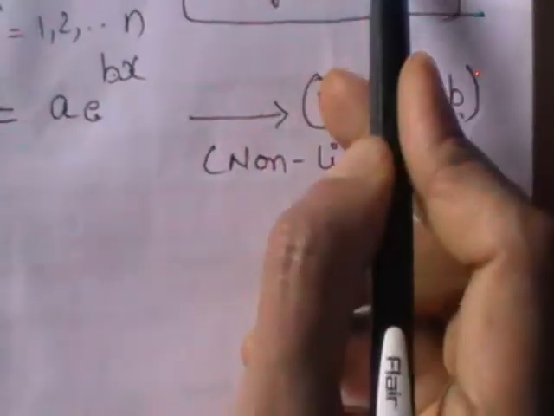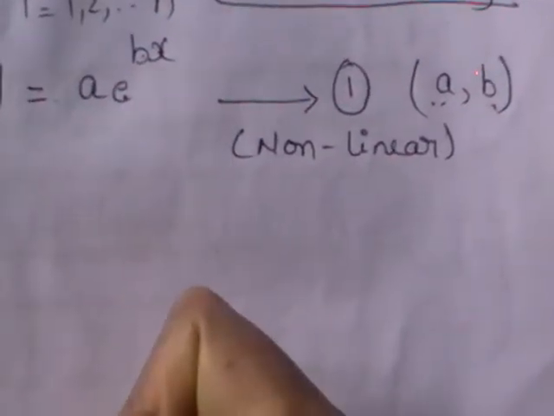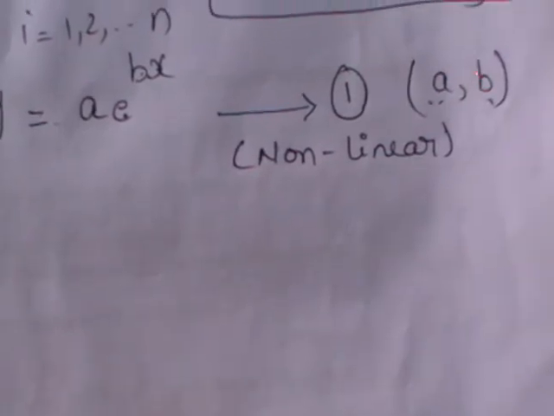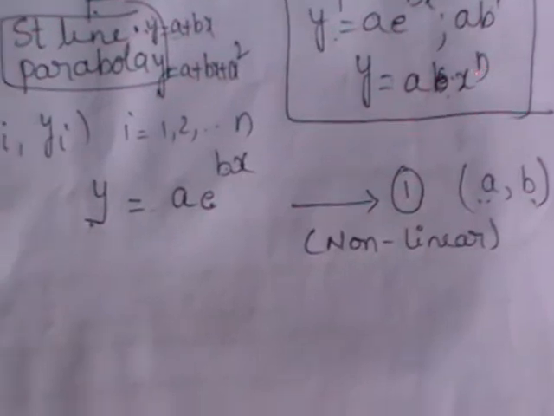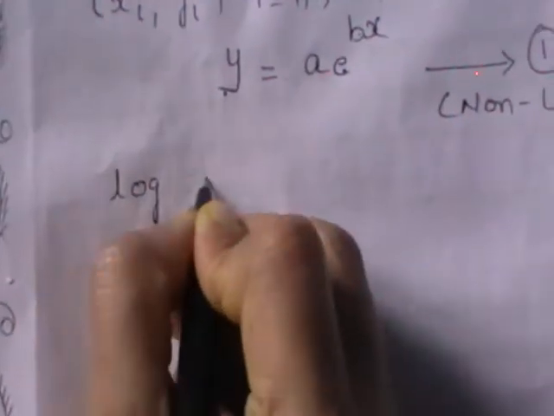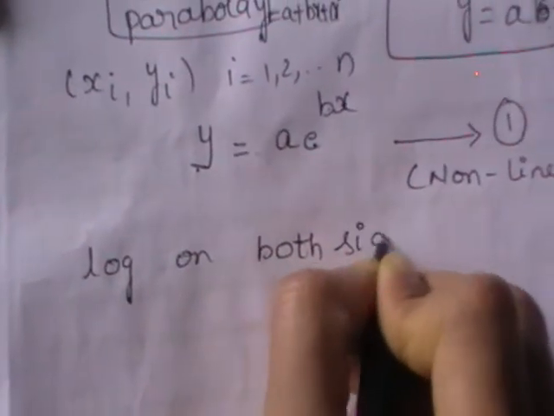So while fitting these three curves, first we try to convert them into linear form by taking logarithms. Whenever you have e power or x power something, to make those into linear form, we take logarithms on both sides. So you take logarithms on both sides for this curve.